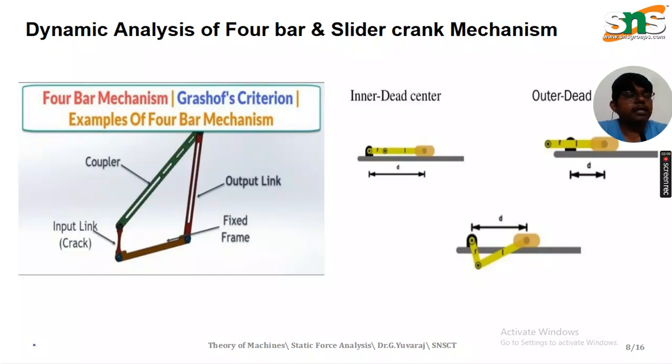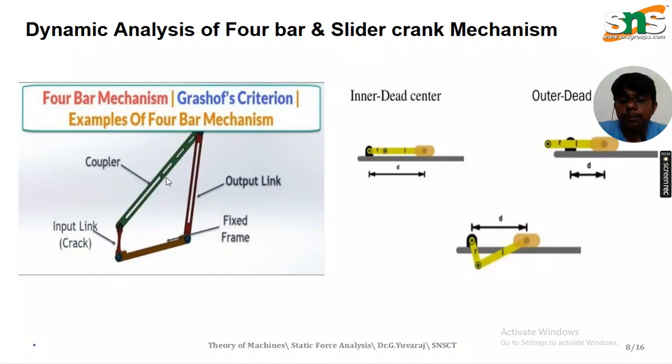So let me begin with the dynamic analysis of the 4-bar mechanism as well as the slider crank mechanism. In this image you may see the 4-bar mechanism. Here you have 4 links. The first is the fixed link, followed by the input link, the coupler, and the output link, where the input link and the output link both have rotary motion.